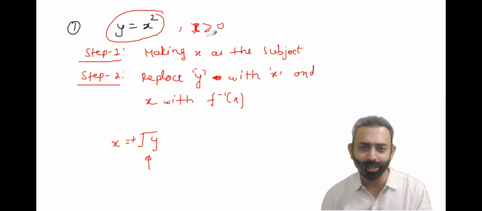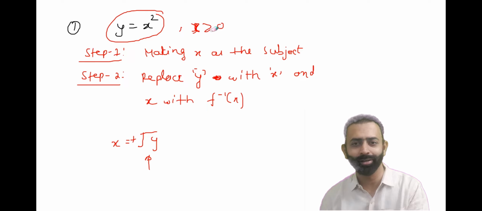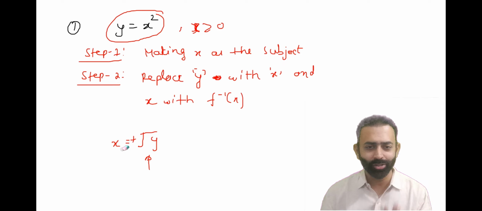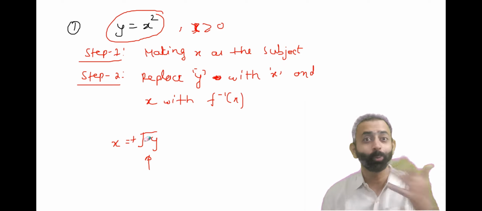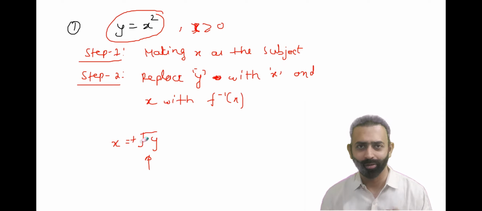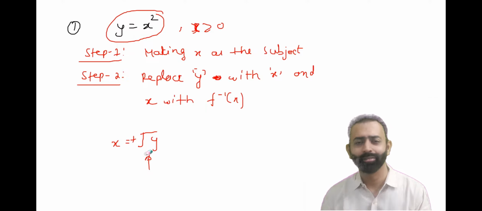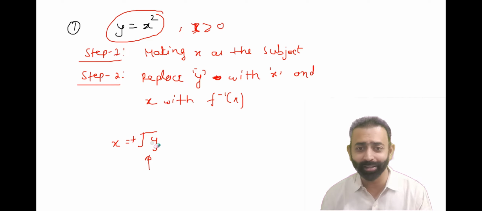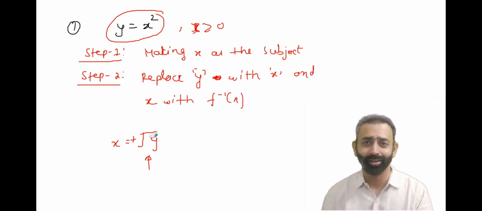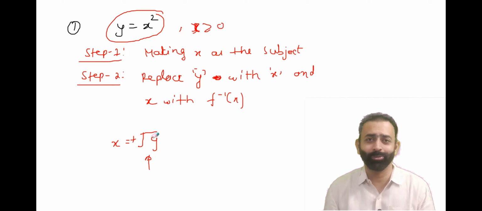So here the domain of f was x, which is positive. That domain becomes the range of the inverse, which should be positive. Fine. And similarly, if x is positive, the range of f(x) is positive. So here that becomes the domain, and as we can see, square root of y means this y has to be positive. Otherwise, a negative square root is not possible.